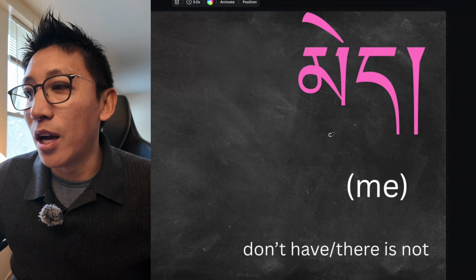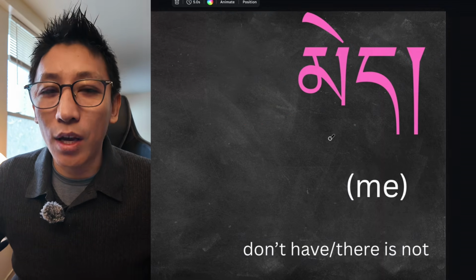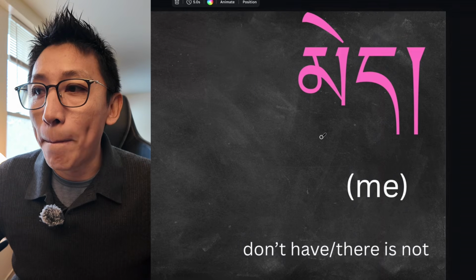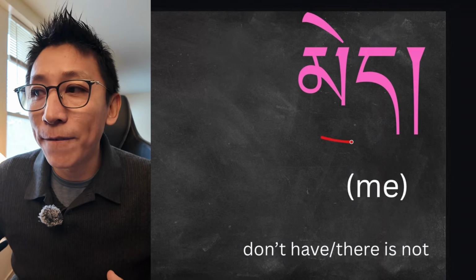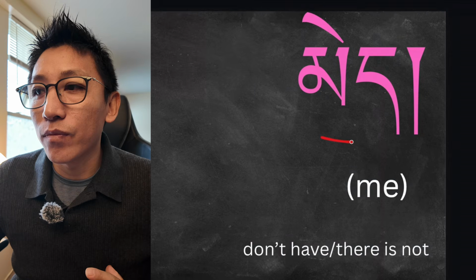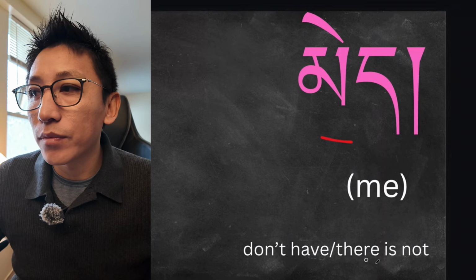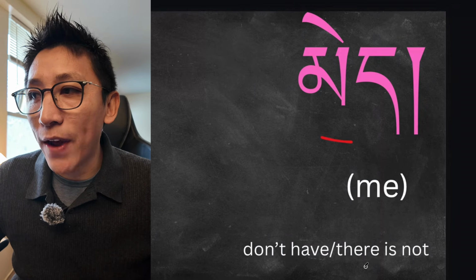Now we learn the next sentence, next "me". So "me" is used in don't have, or in facts where there isn't.